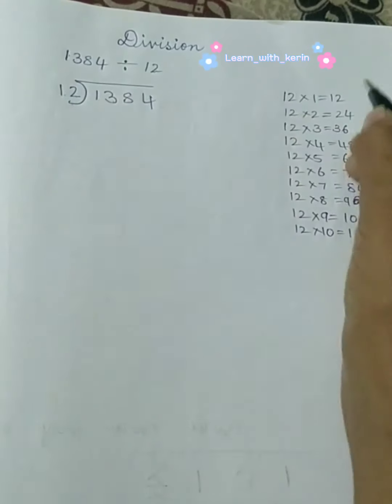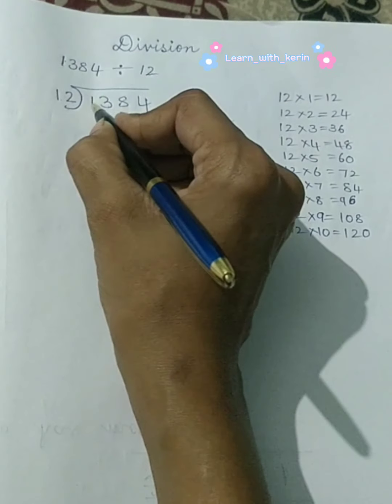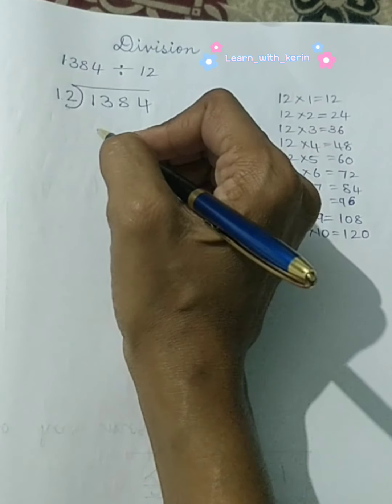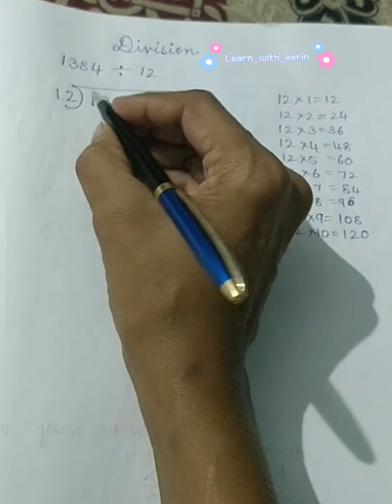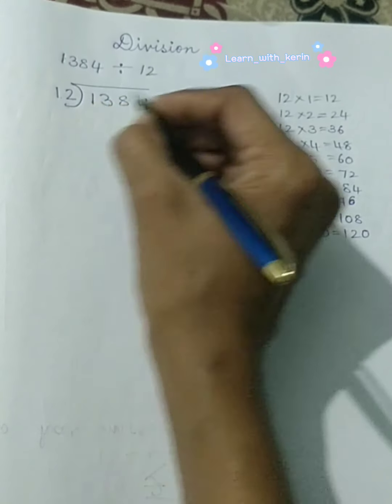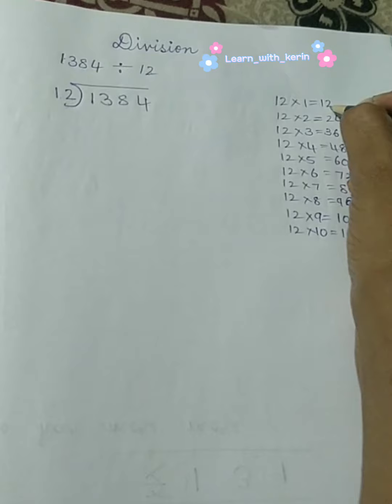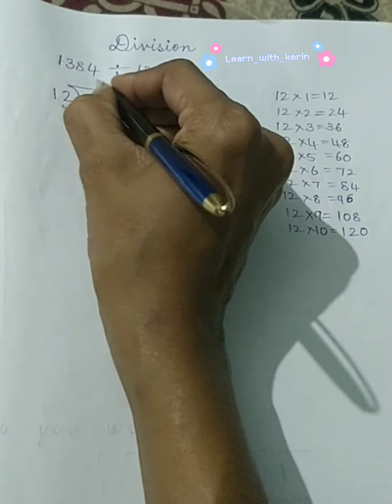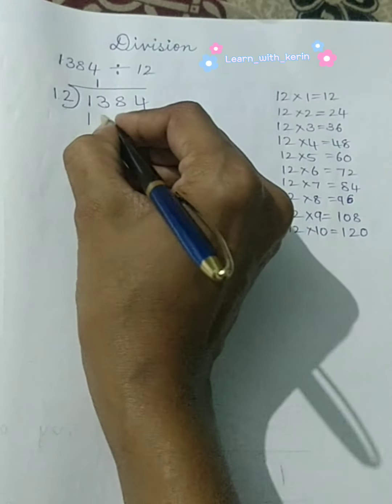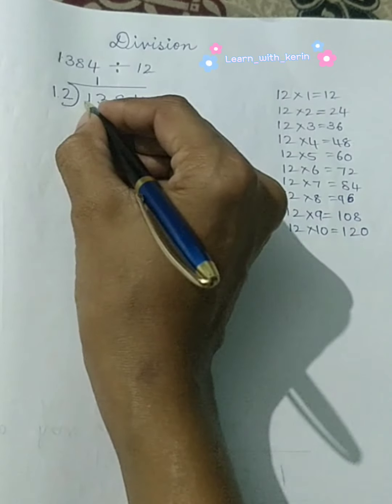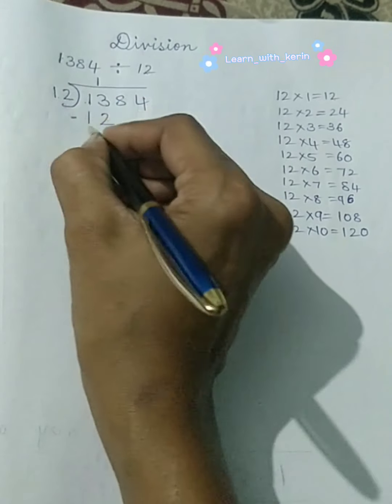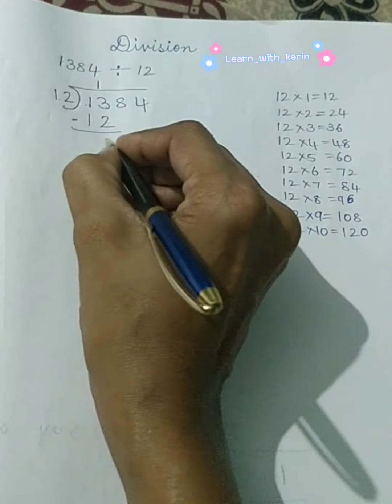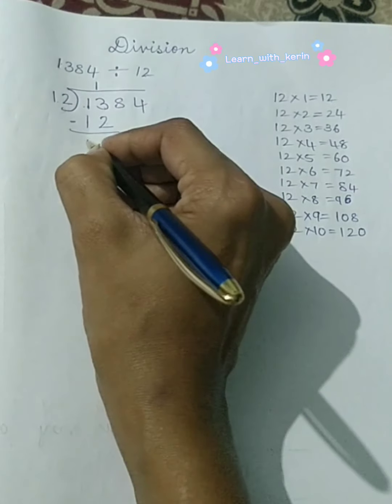What we'll do here is search for a number a little lesser than 13. Since 13 is not there, the number lesser than 13 in the 12 table is only 12. So, we'll write 12 1s are 12. We'll subtract 12 from 13. 3 minus 2 is 1 and 1 minus 1 is 0.